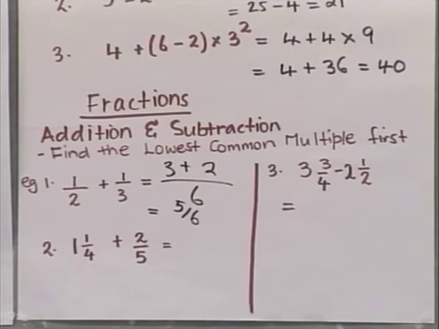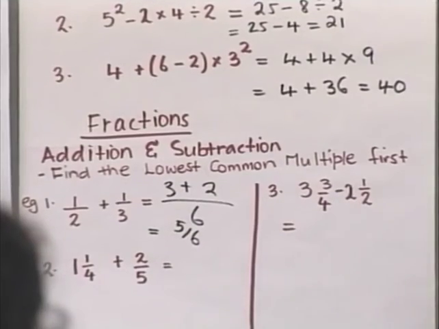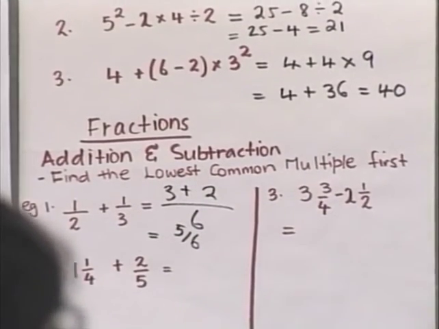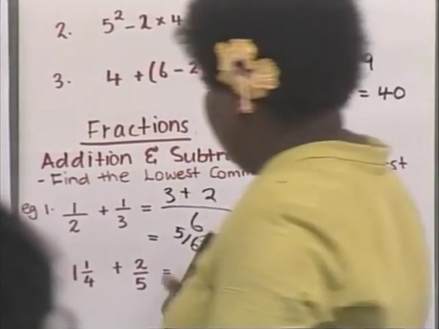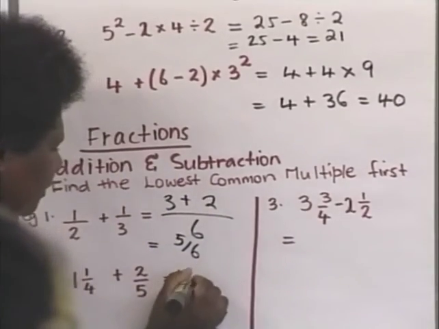Okay, 1 and 1/4 plus 2 on 5. What's the first thing I should do? Velma? Find the lowest common denominator. Of which numbers? 4 and 5. Do I have to change this one to a mixed fraction? No, you add 1 and then you just change the fractions. Okay, 1 plus.